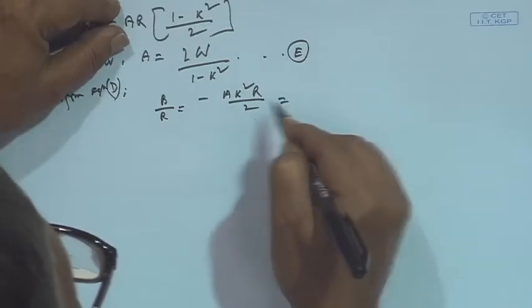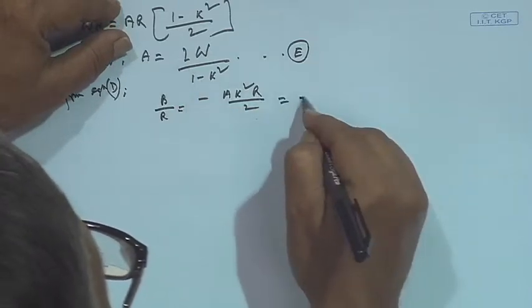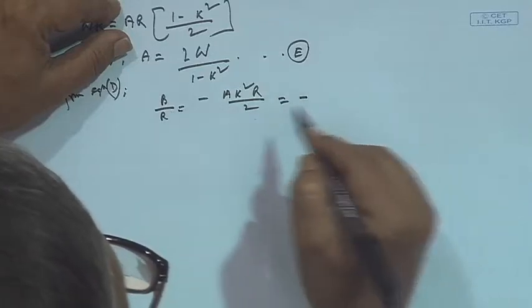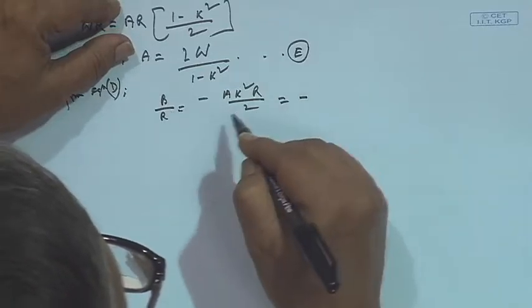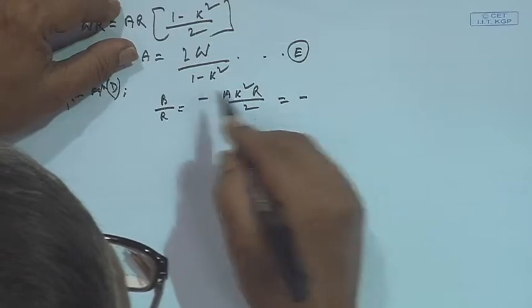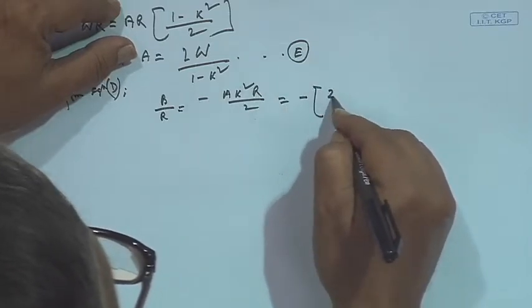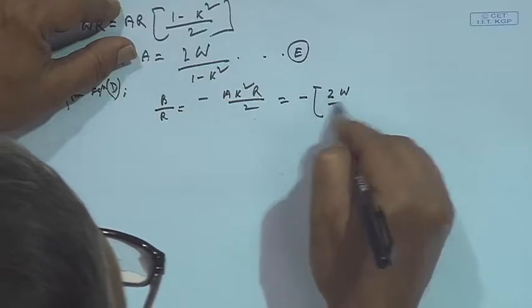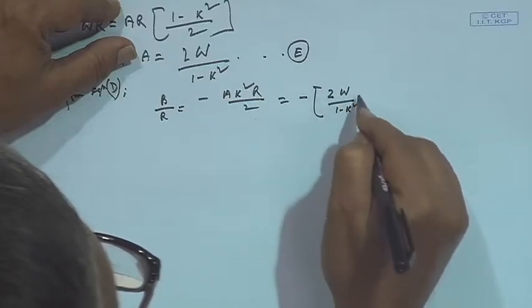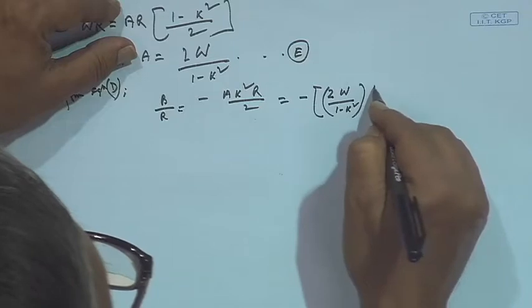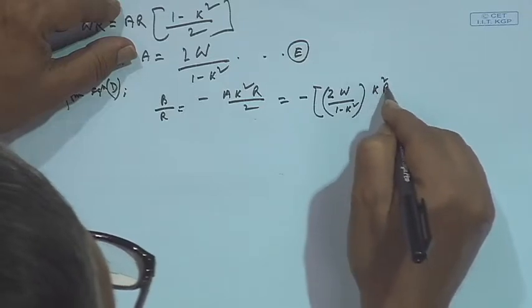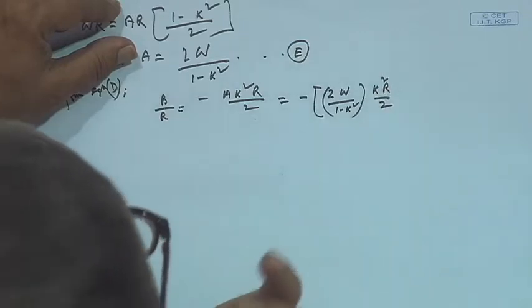If we put the value of a, it is minus 2 omega by 1 minus k square, into k square R by 2.